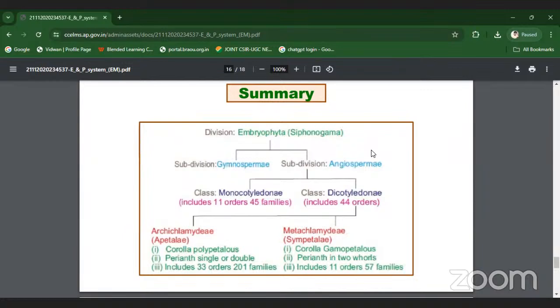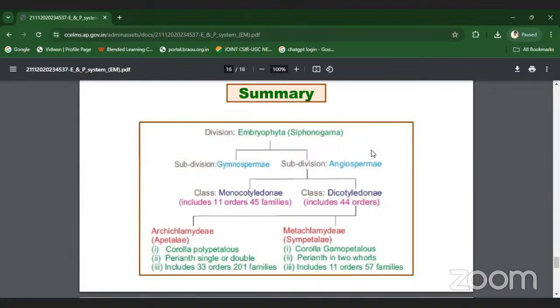In Bentham and Hooker the monocots start with Orchidaceae and end with Glumiflorae. According to Engler and Prantl they start with Pandanales, which show imperfect perianth, and end with Orchidaceae. The number of families in Bentham and Hooker is 165 dicotyledons and 34 monocots, total 199. In Engler and Prantl there are 239 dicotyledons and 45 monocotyledons, total 284 families.